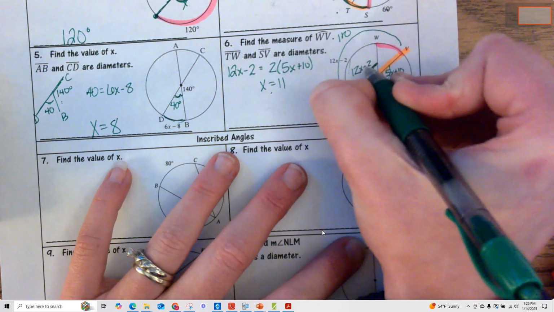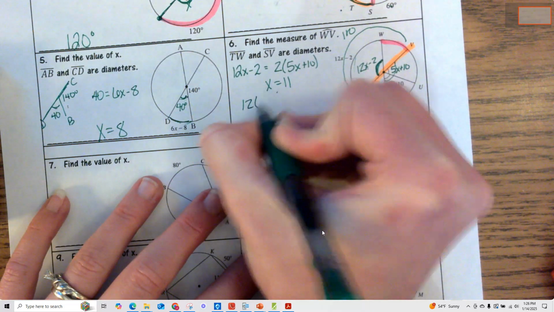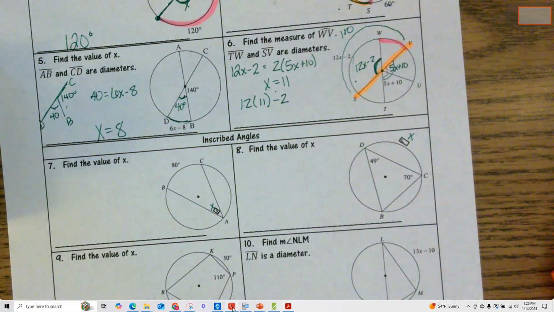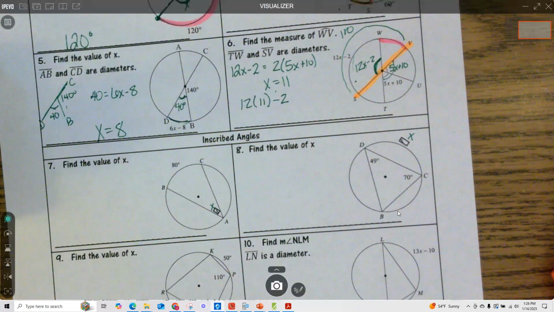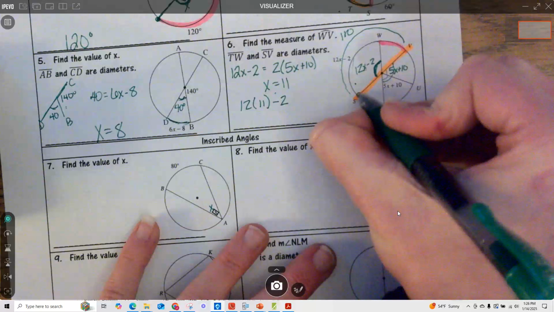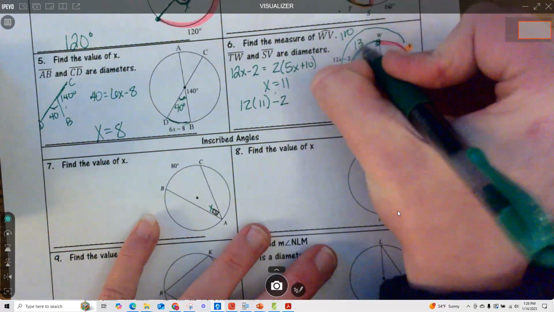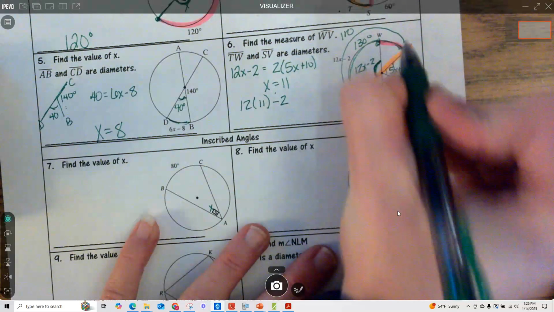I can plug that x in and do 12 times 11 minus 2, and I get 130. So from S to W measures 130. I'm going to let you do the rest to get from here to here. All you need is that little bit.